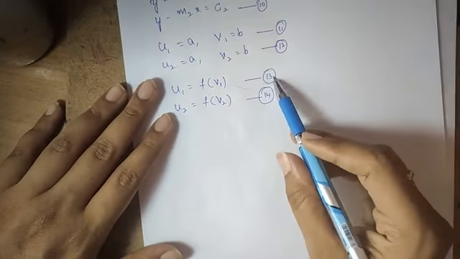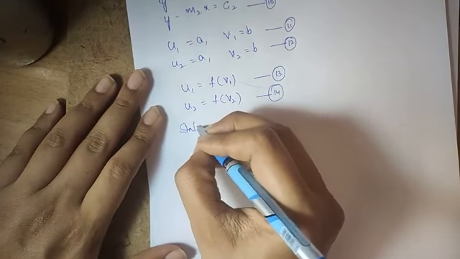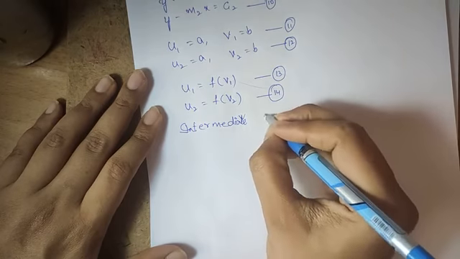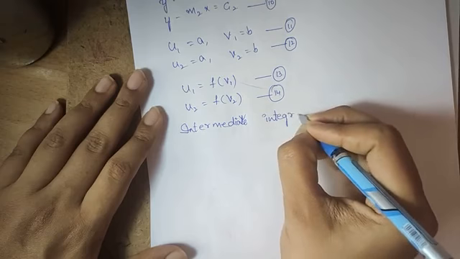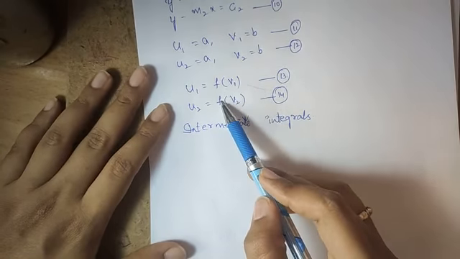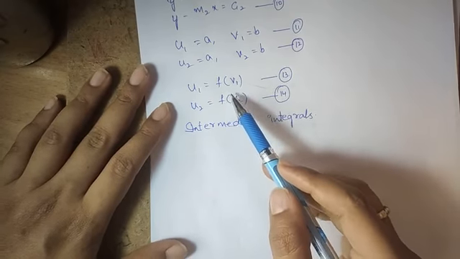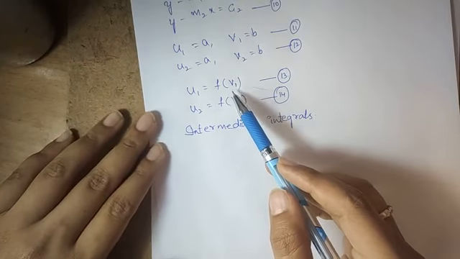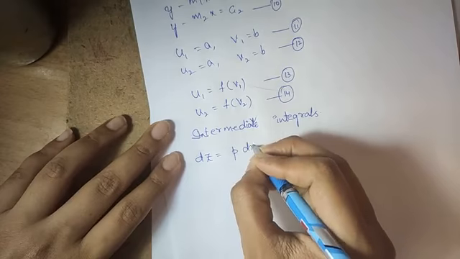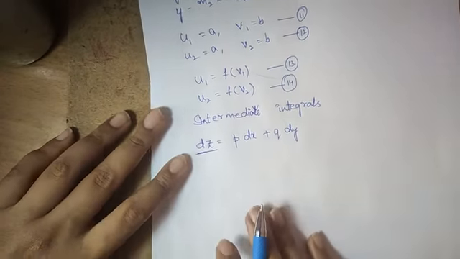Now these equations 13 and 14 are known as intermediate integrals. Solving equations 13 and 14 for p and q, and substituting into the equation dz is equal to p dx plus q dy, you will get the value of dz.